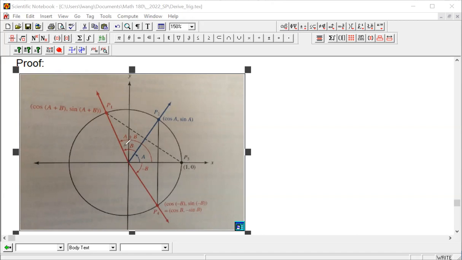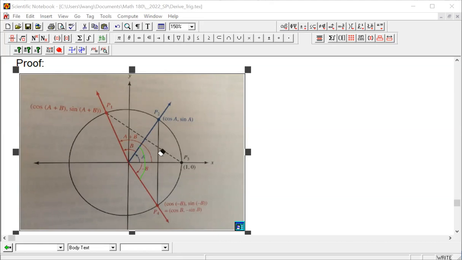This arc length faces A plus B. Now there's another arc, which is angle A, negative B, but this absolute angle also has the same arc length. So the arc from P2 to P4 has the same arc length as well.